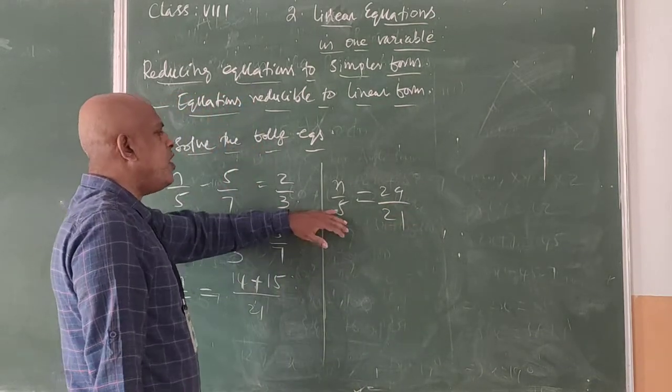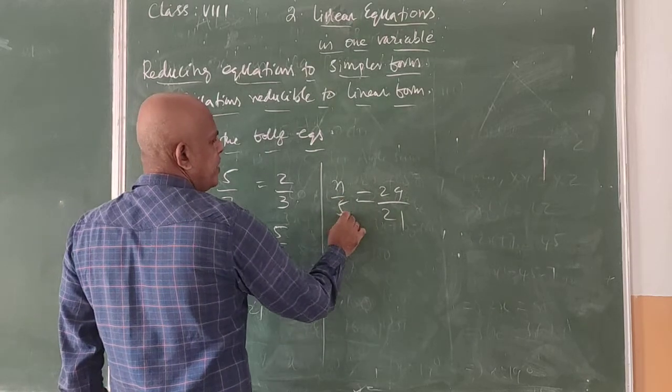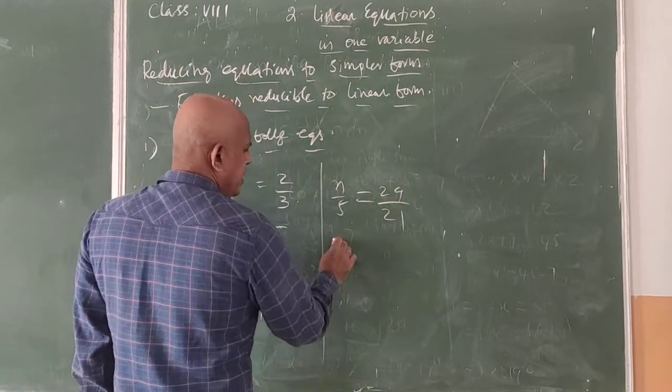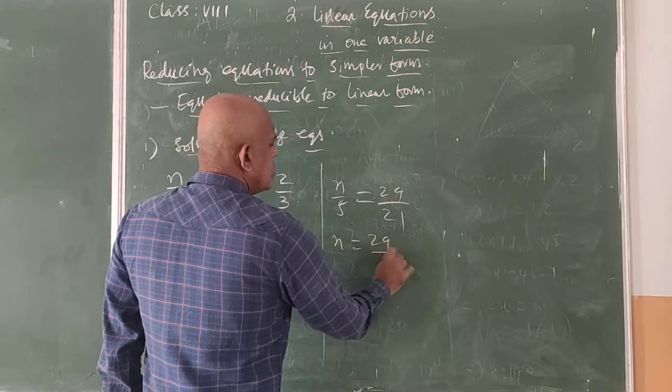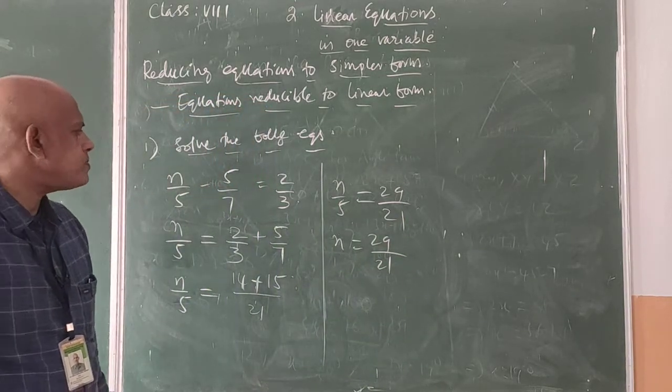Now we will transfer 5 to the right side. When it is in division and comes to the other side, it becomes a product. So n is equal to 29 by 21 into 5. 5 nines are 45, 5 twos are 10, 10 plus 4 is 14. So that gives 145 by 21.